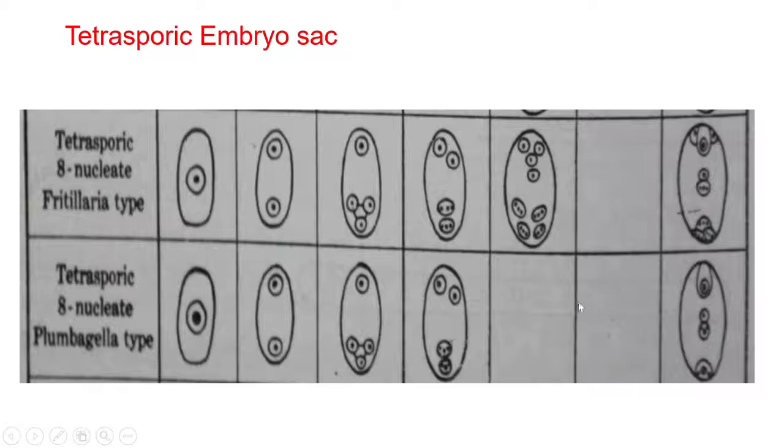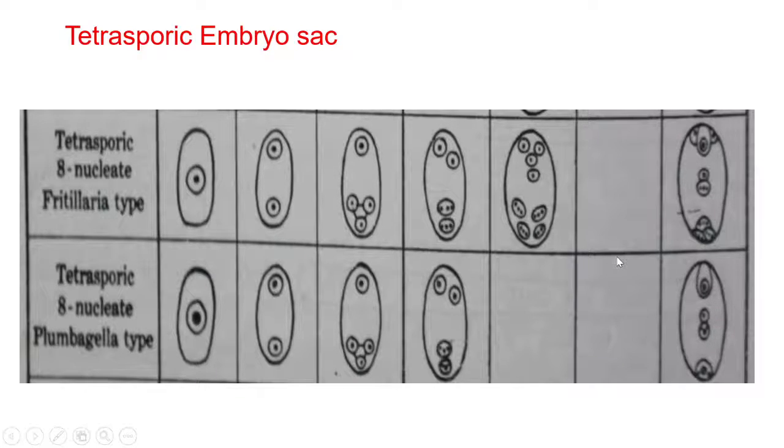Now how do they arrange? Out of 4, toward the micropylar end, only one cell forms the egg. There are no synergids. At the center you will get the 2 polar nuclei or secondary nuclei, and 1 toward the antipodal cell.